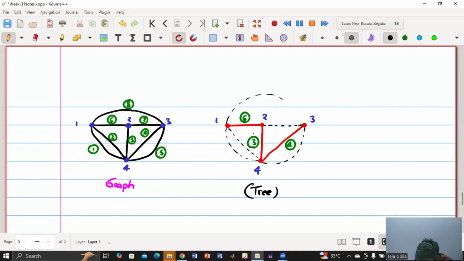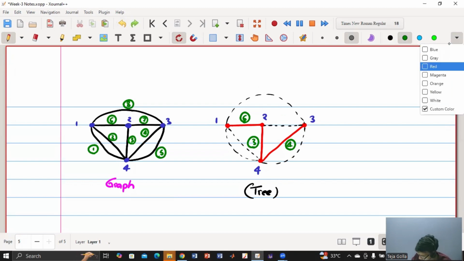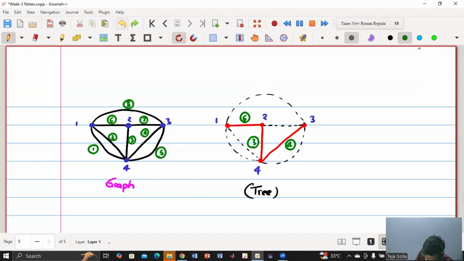Here we have another branch of the co-tree. So I'll use a different color, light blue, so that there will not be any confusion. So this is 8, and then this is 7, this is 2, this is 1, and this is 5.